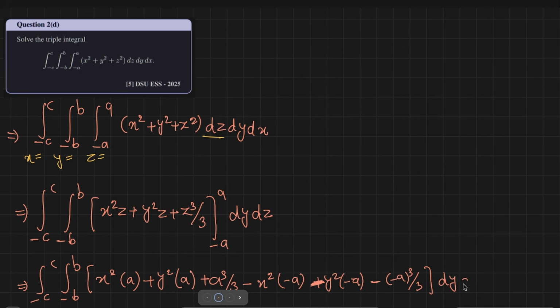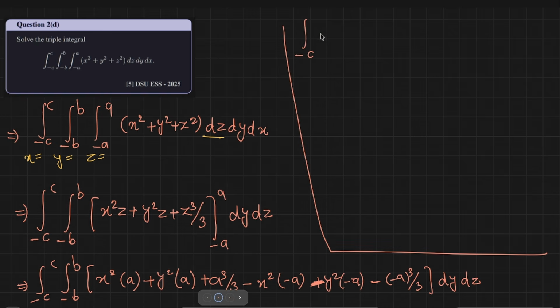This is dy dz. When you solve this, from minus c to c, minus b to b, this is x square a, and so it will be 2x square plus y square. Correct.